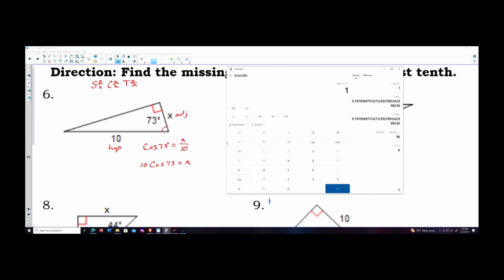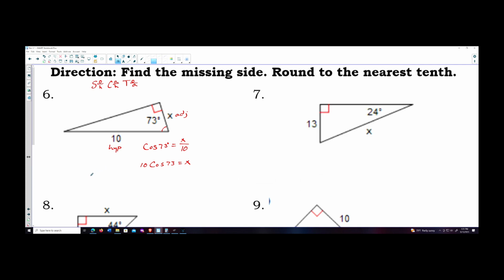So I put that first and then multiply that times 10, and it gives me 2.9. So my answer for x is approximately 2.9 units. And that would be the adjacent. 2.9 units is what the short leg will measure.